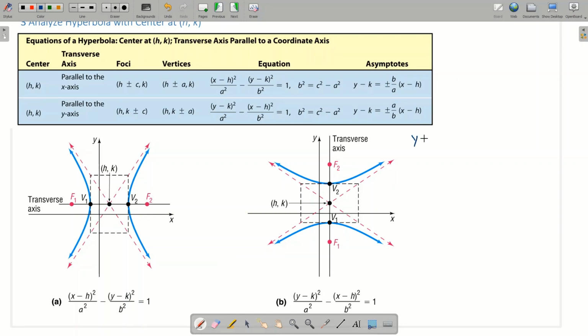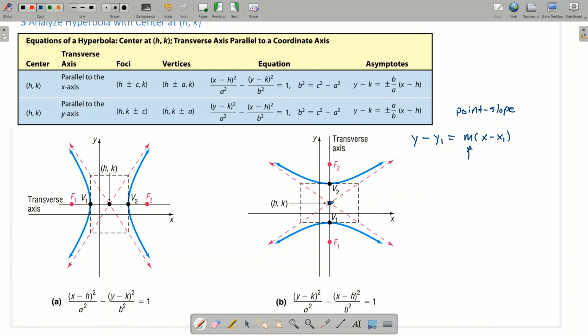So if you recall, we wrote that as y minus y sub 1 equals m times x minus x sub 1. This was point slope form. So the idea was if you knew the slope, you'd just plug it in there, and if you knew any point that the line passed through, you'd plug it in there. So that's where these are actually coming from.